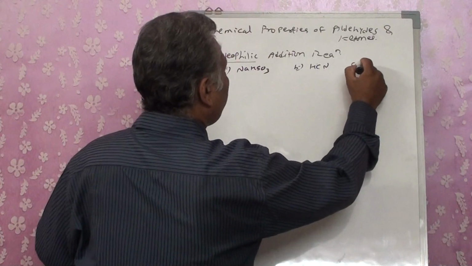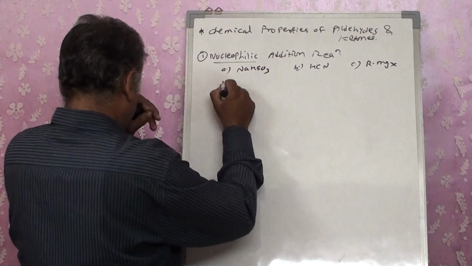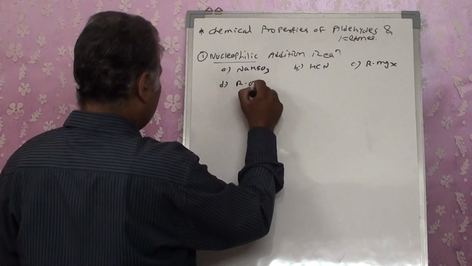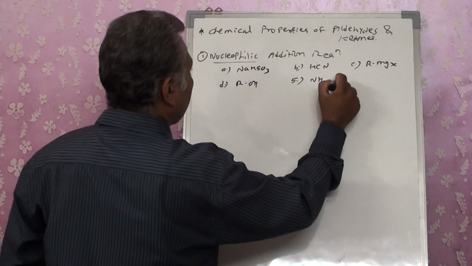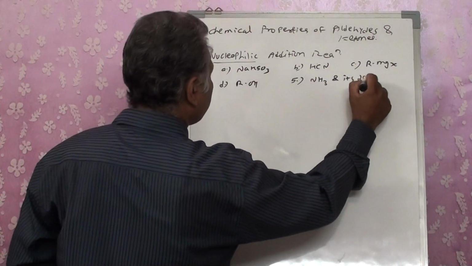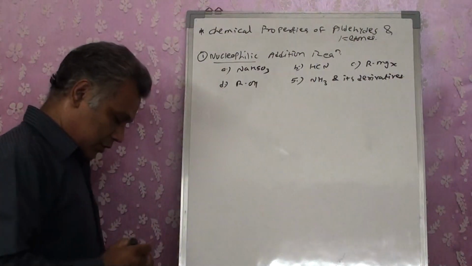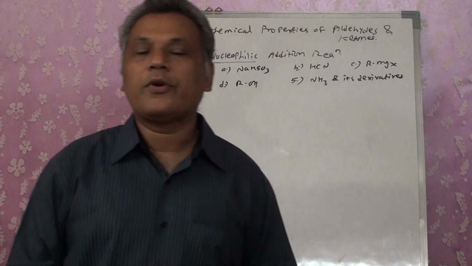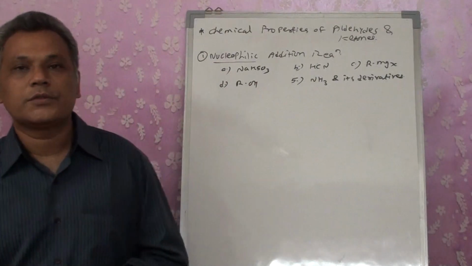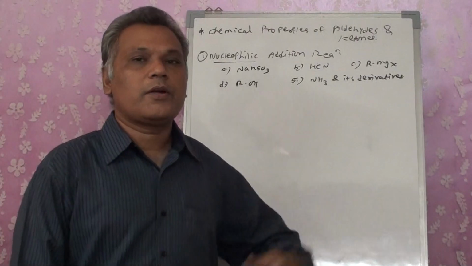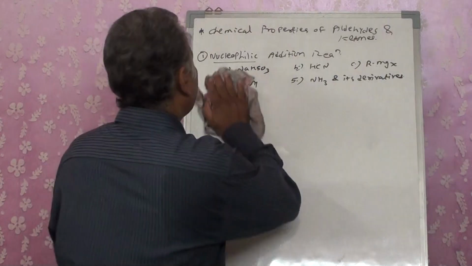The third one is RMgX. The fourth reaction is with alcohols. And the fifth one is ammonia and its derivatives. We are going to study how these 5 different nucleophiles react with aldehydes and ketones. One by one we will come across all 5 of them. Now let's take the first one.